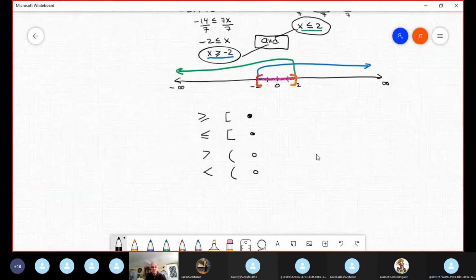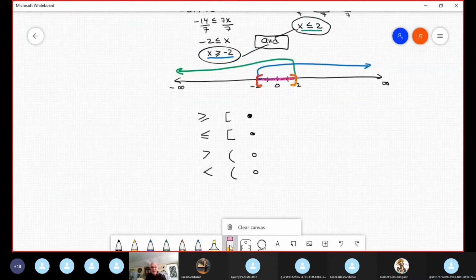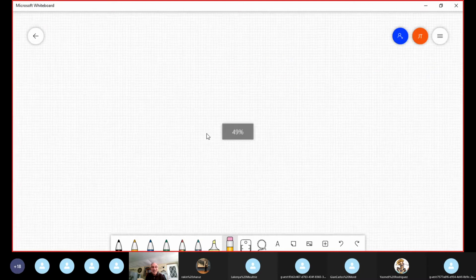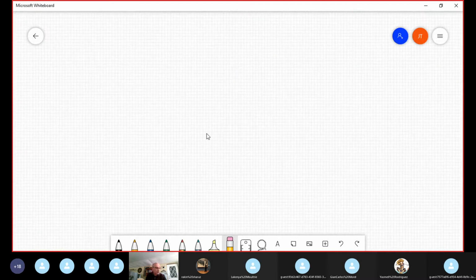But don't forget that we need to use and, mandatory and, because you need to satisfy the first inequality and the second inequality. Let's move on to number 14. Is it clear? Yes, yes.